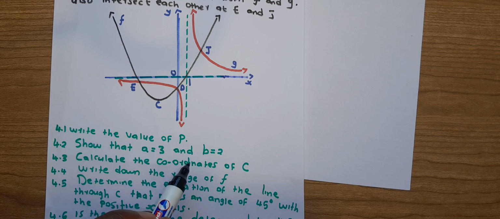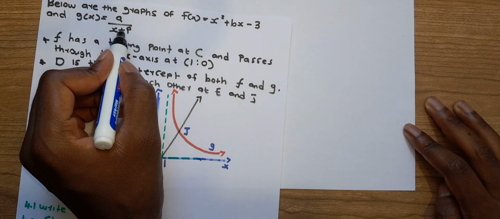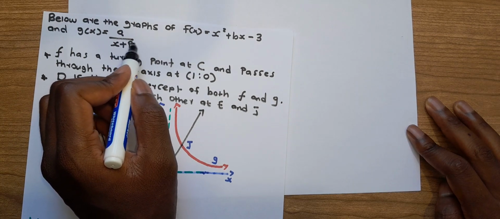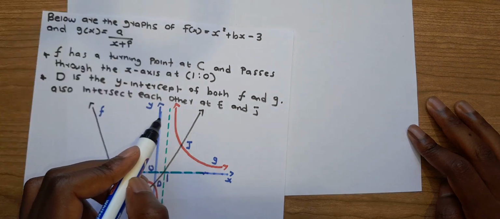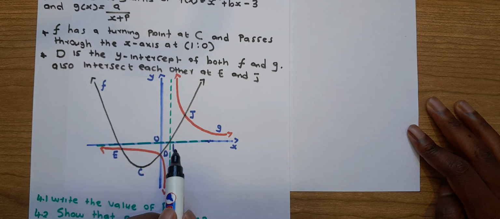4.1, write down the value of p. They are not saying that we should calculate. They are saying that we need to write the value of p. And this is easy. You know that the value of p is the x asymptote of this red function, right? So we can see that the asymptote is actually passing at what? It is passing at 1.